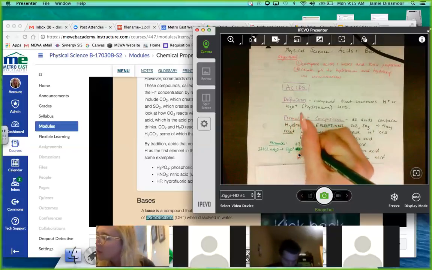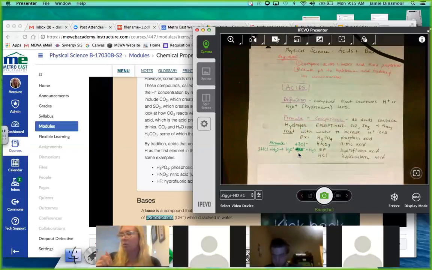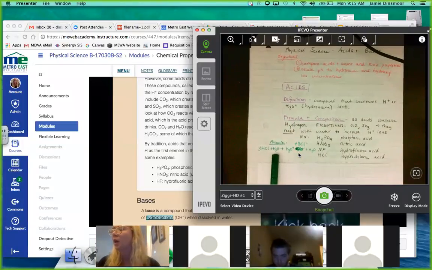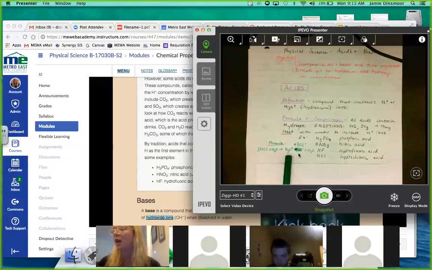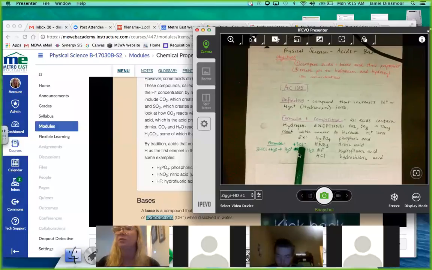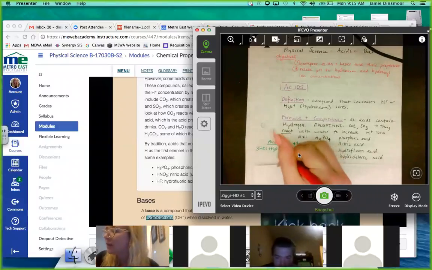Plus 3Cl minus. So basically what's happening when you add this hydrochloric acid to water is we're starting with hydrochloric acid and water. We get hydronium ions, H3O+, we get chlorine ions, and we get water, right? And then these hydronium ions, this is what makes it acidic.